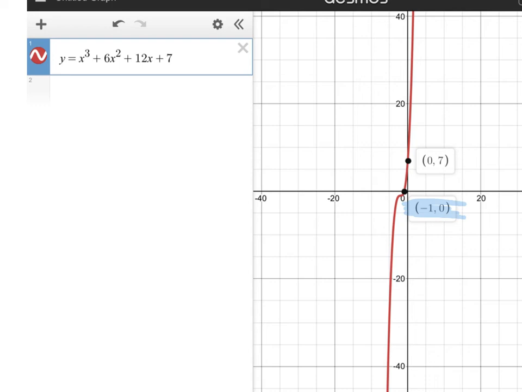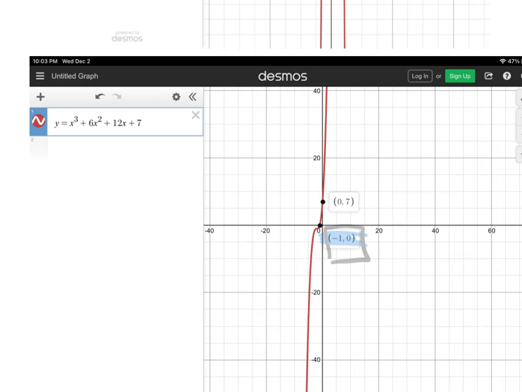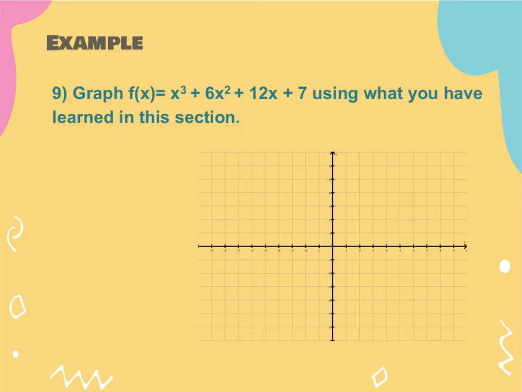So what I'm going to take away from this Desmos graph is that I need to do synthetic division with -1. And here was the graph. All right, so for the next one, again, it's still asking us using what we've learned.